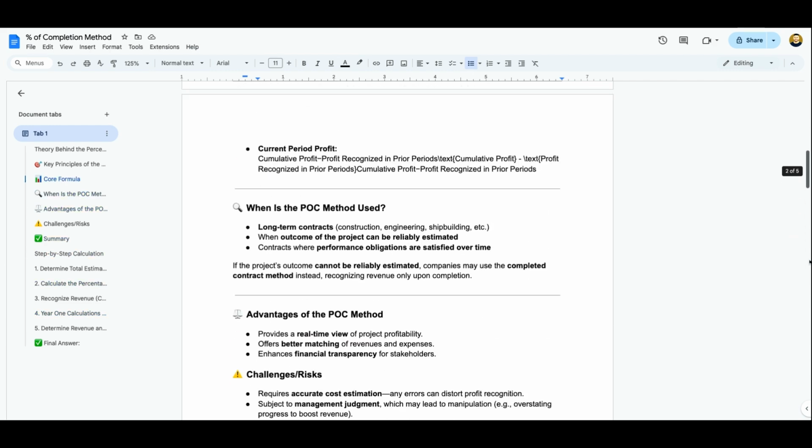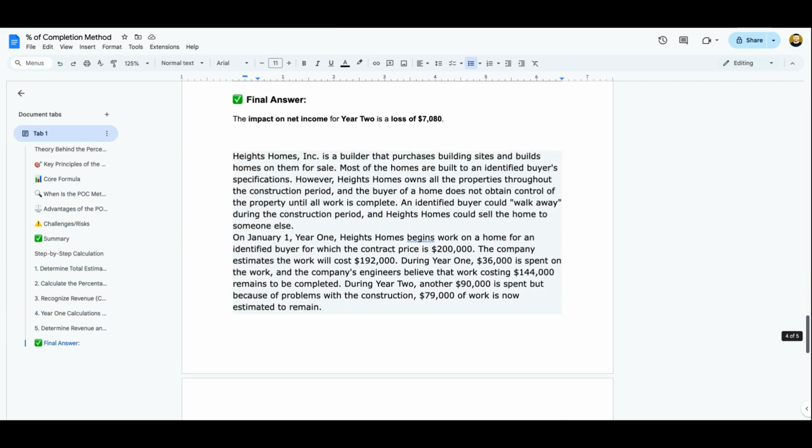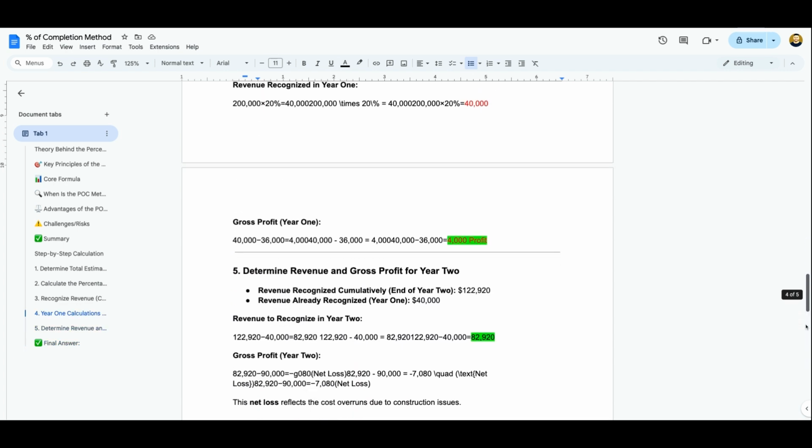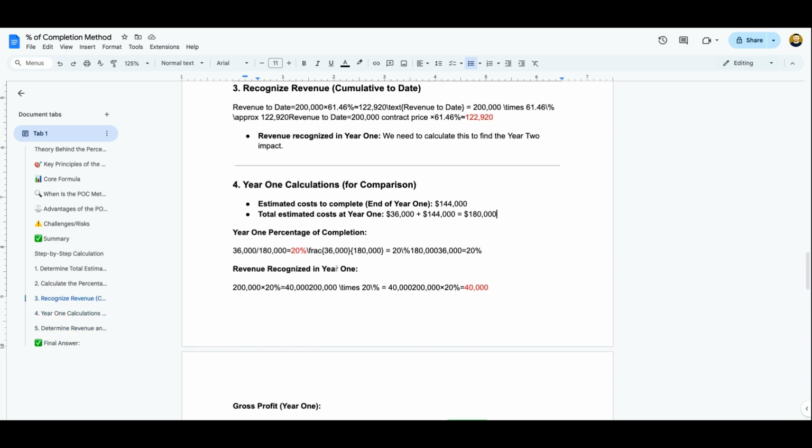I'll go over the question again: 36,000 for year one, plus 144,000 costing again, gives you a total of 180,000.